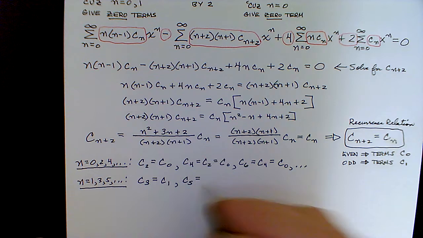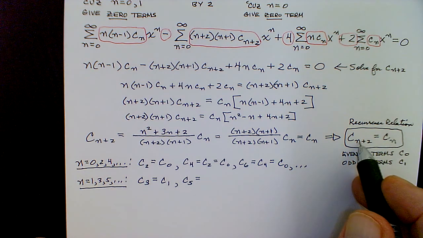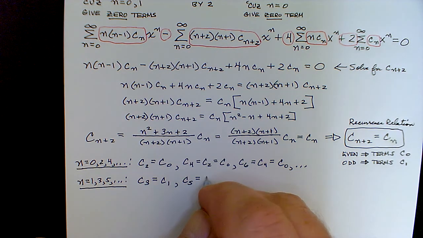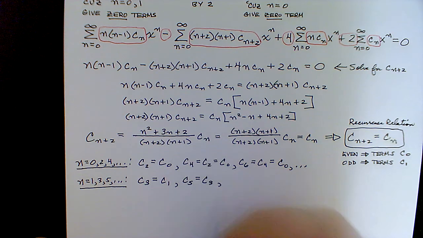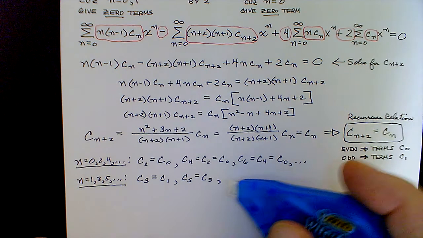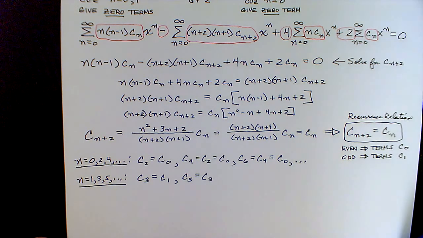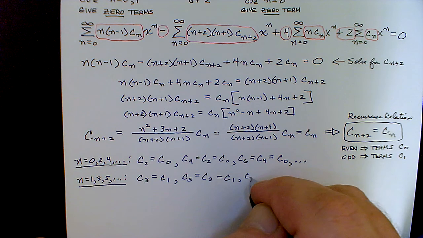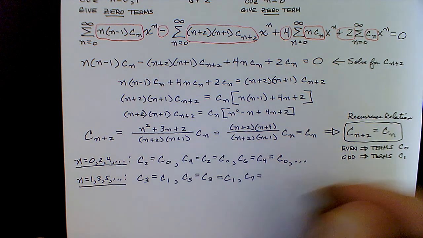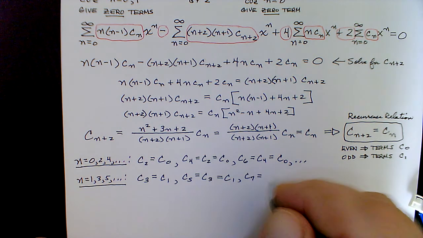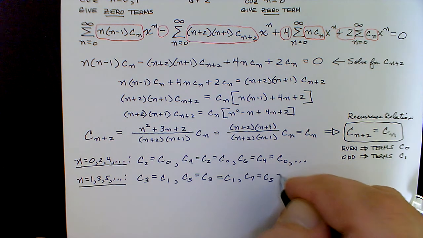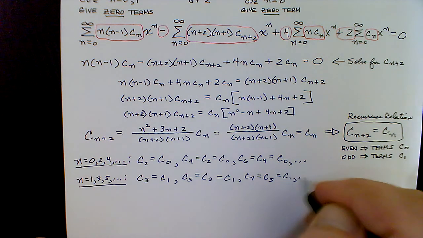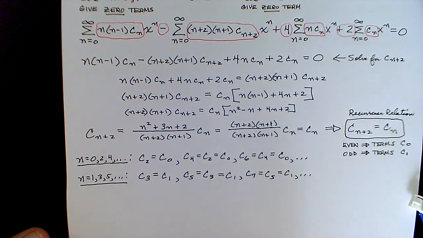C sub 5 is when n is 3, but c sub 5 would be c sub 3, and c sub 3 is c sub 1. Going in as 5, c sub 7 is c sub 5. But c sub 5 is c sub 1, so that's c sub 1. So they're all c sub 1s.